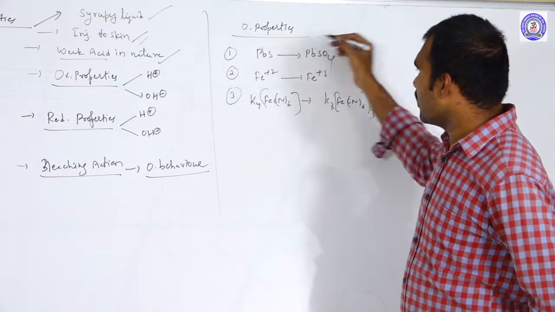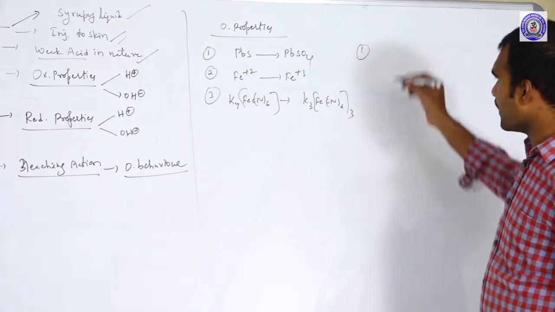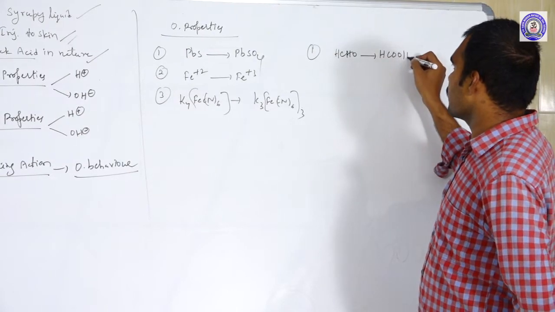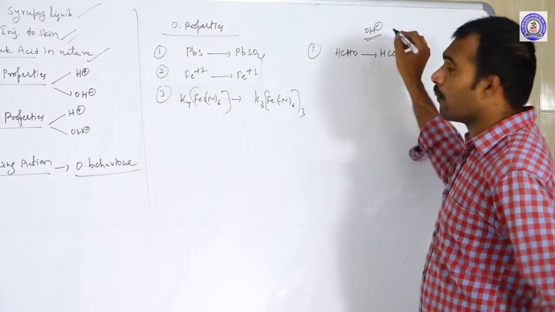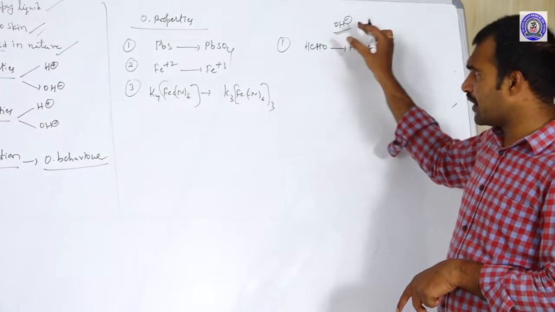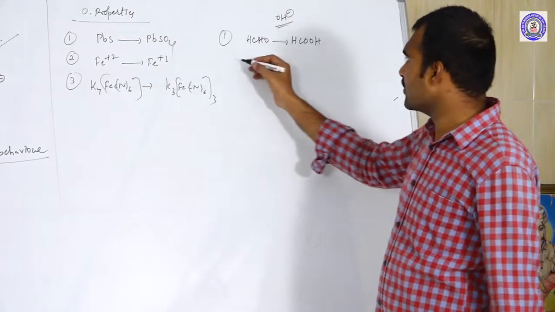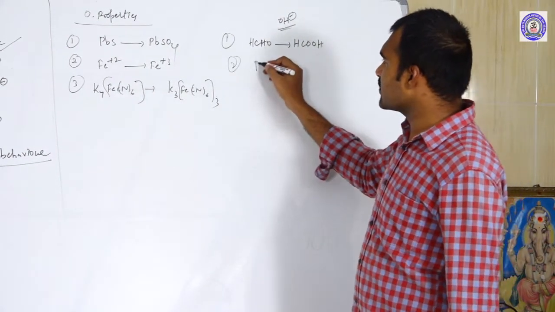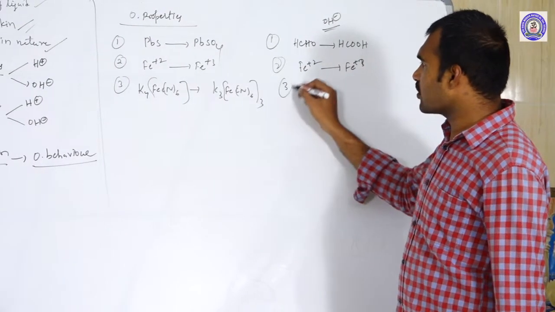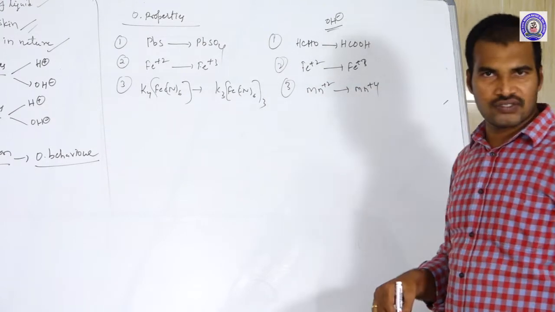Next, in basic media, it also shows oxidizing property. It oxidizes formaldehyde into formic acid, in basic, alkaline media, in the presence of pyrogallol as a solvent. Next, it oxidizes ferrous ions into ferric ions, and it oxidizes Mn+2 ions into Mn+4 salts.